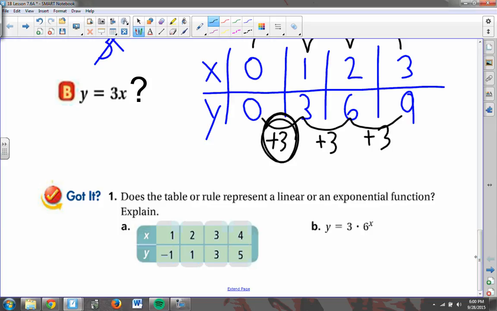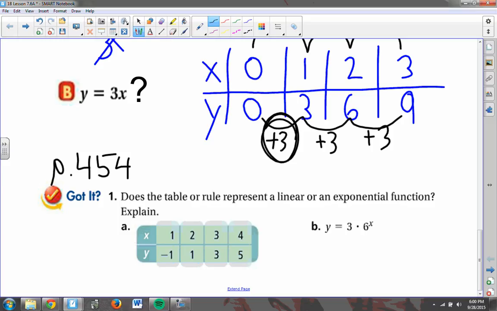Your job now is to take a look at Got it, number 1, right in the middle there, page 454. Take a look at these two problems. It's a table and an equation, and I would like you to decide, is one of them linear or exponential? Well, actually both.